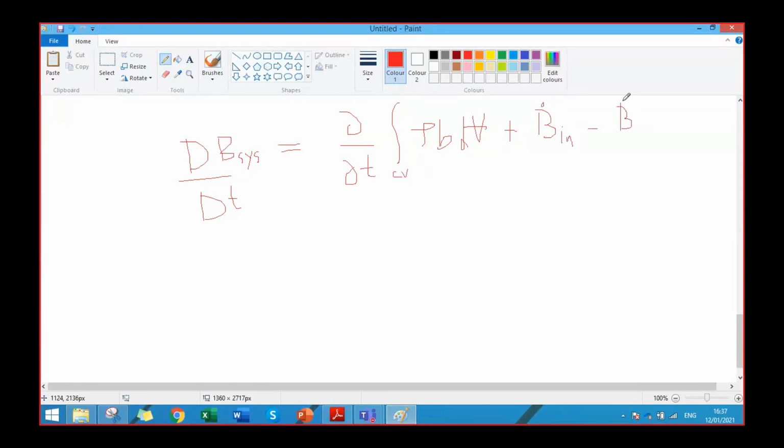The physical explanation of this is called the Reynolds transport theorem. This is helping us to relate the system quantity with the control volume, the system property with the control volume.